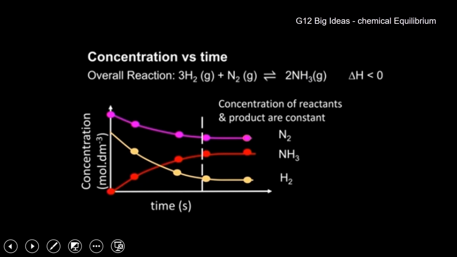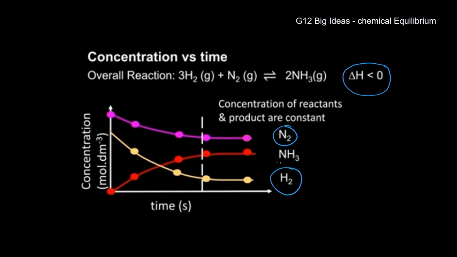It is a well-known graph. You can have a look at it. This is for the same reaction of making ammonia. It is reversible. Please take note of this change in enthalpy. It is important in temperature, but you can see that the concentration is decreasing for the reactants there, nitrogen and hydrogen, and it is increasing for the ammonia until equilibrium is reached.